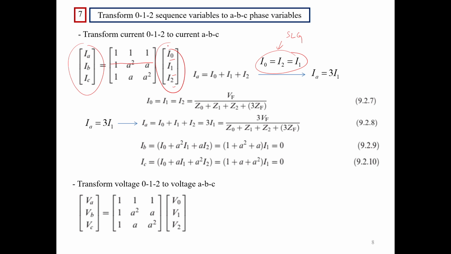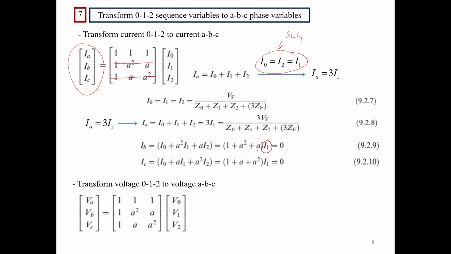If you multiply this row and this column, you get I0 plus a squared times I1 plus a times I2. Since these are equal, for single line to ground I0, I1, and I2 are equal, so you can have a common multiple of I1.